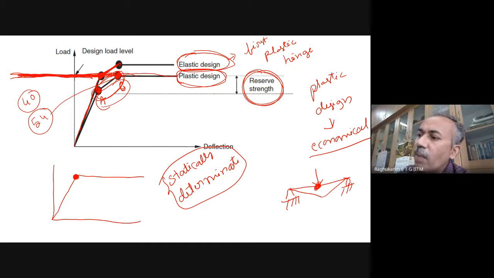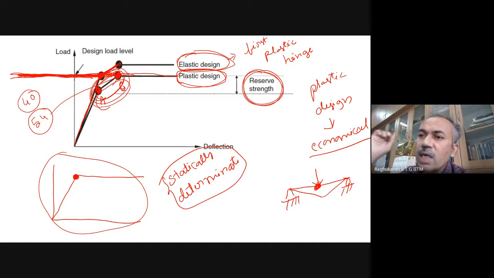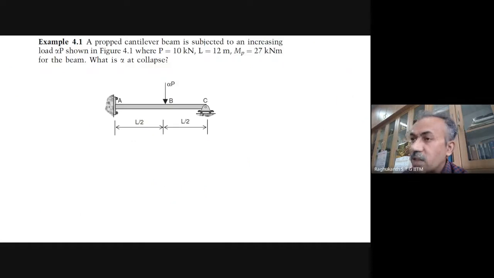Generally, for statically determinate structures there are some advantages because the Mp comes into the picture, but not that much. If it is an indeterminate structure, you get maximum advantage with plastic design. Here also you have advantages, but they are greater because this extra strength is also taken into consideration. That is the main advantage.